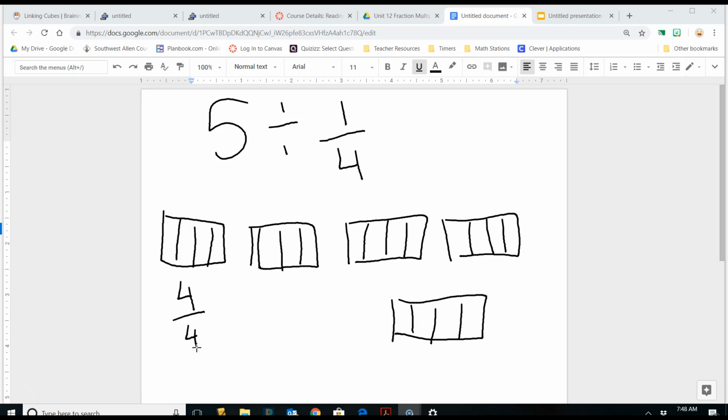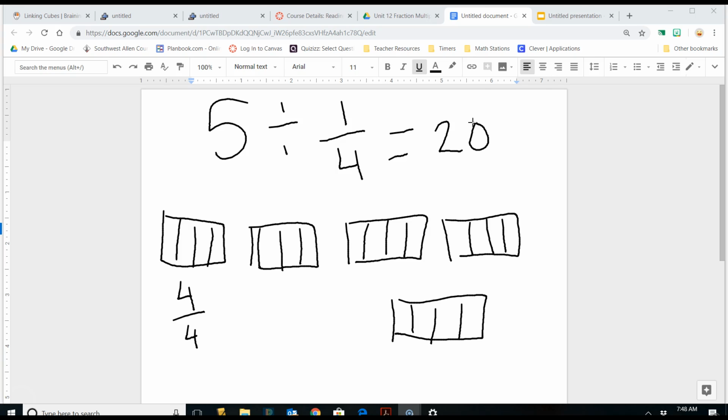So 5 divided by fourths is how many pieces? 1, 2, 3, 4, 5, 6, 7, 8, 9, 10, 11, 12, 13, 14, 15, 16, 17, 18, 19, 20. 5 divided by 1/4 equals 20.